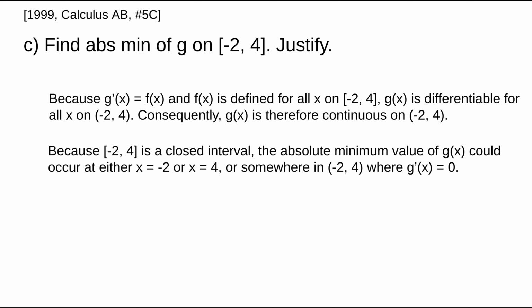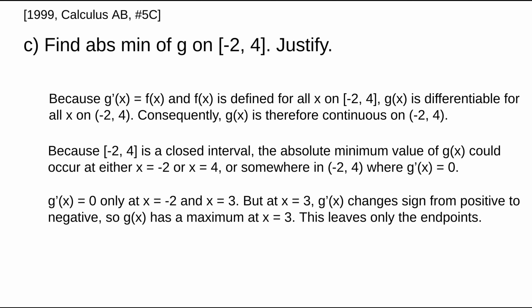We know we don't have to include the possibility that g prime doesn't exist somewhere, because we've already concluded that it does. It exists everywhere in that interval, so we don't have to worry about it. All right, so when does g prime of x equal 0?